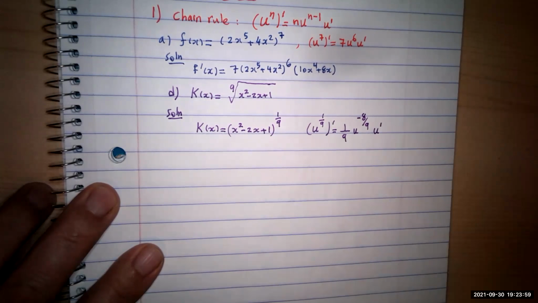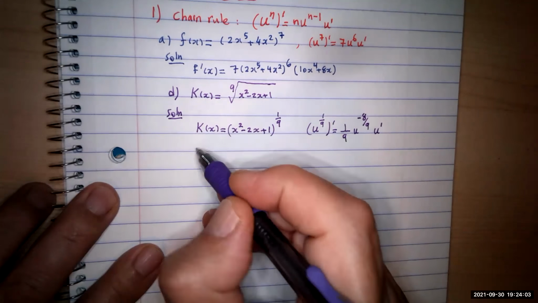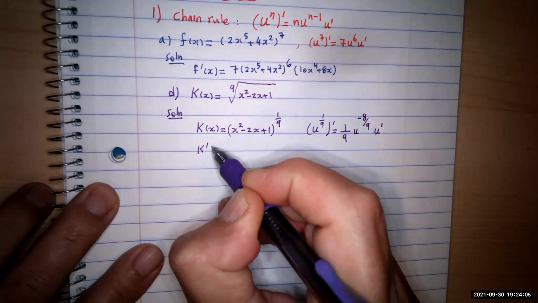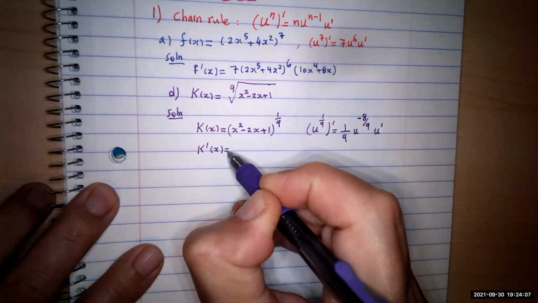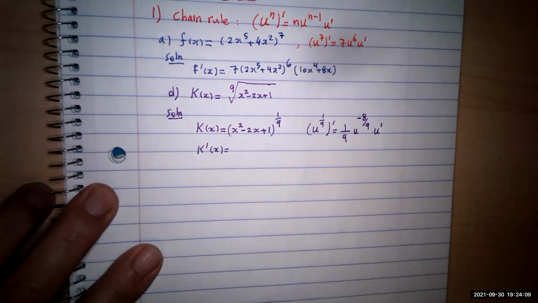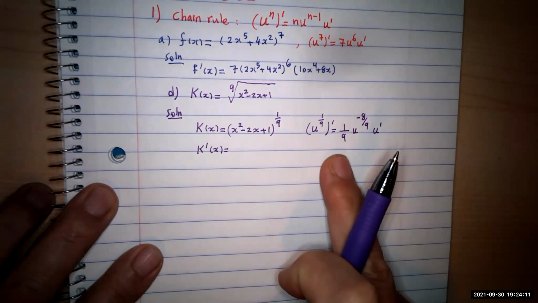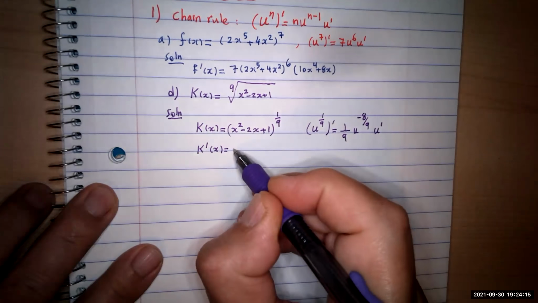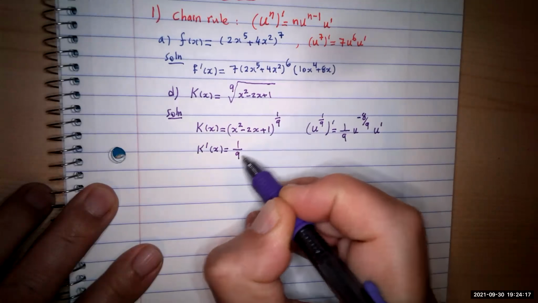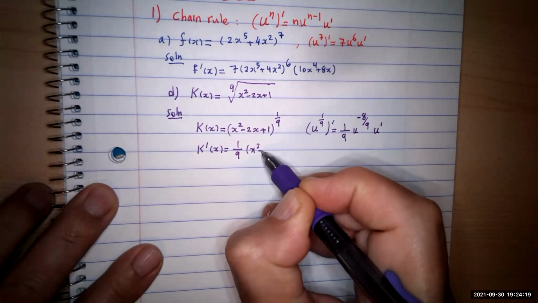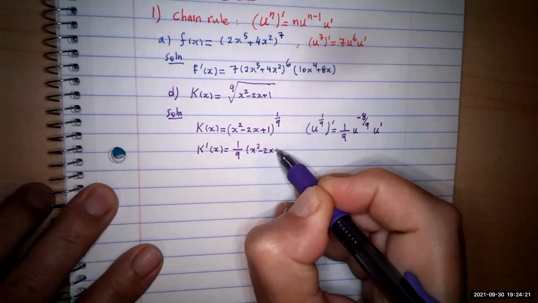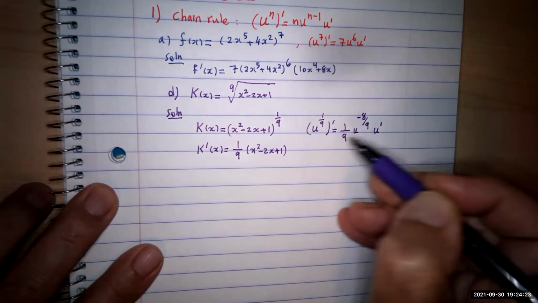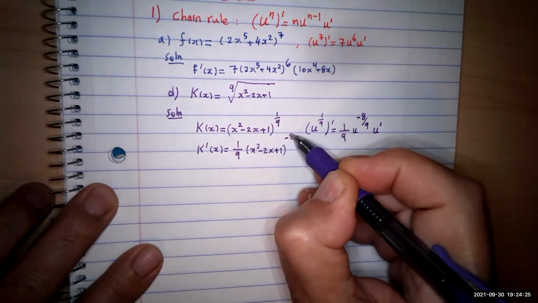You see, you build up the formula, now you copy the formula. So bring it here. That's going to be k prime of x is equal to the power first, 1/9 u to the -8/9. 1/9, x squared minus 2x plus 1, everything to the -8/9.